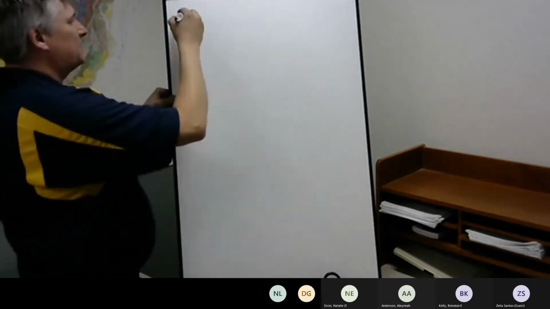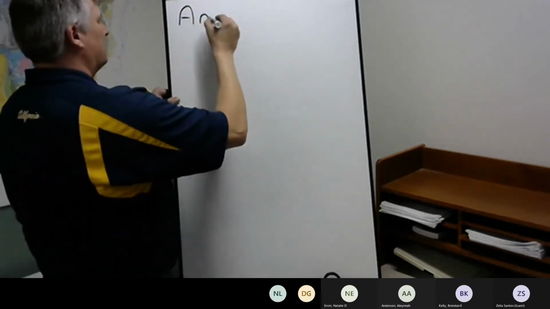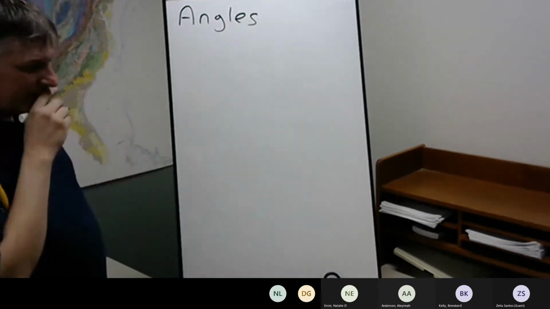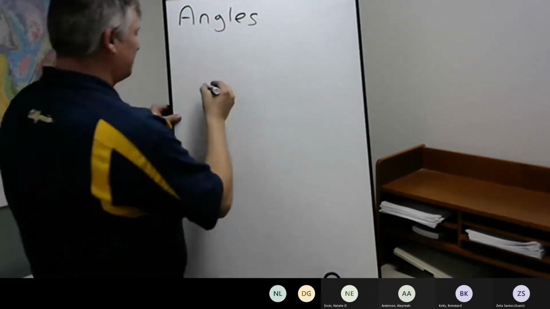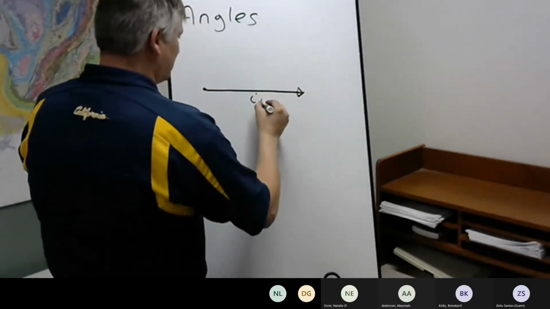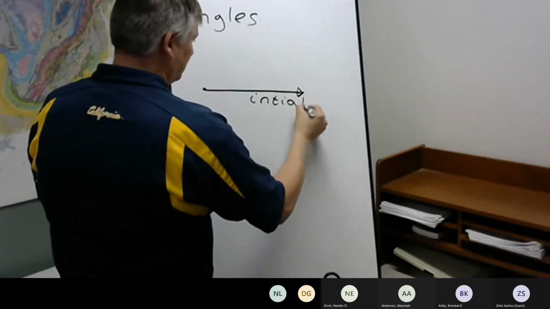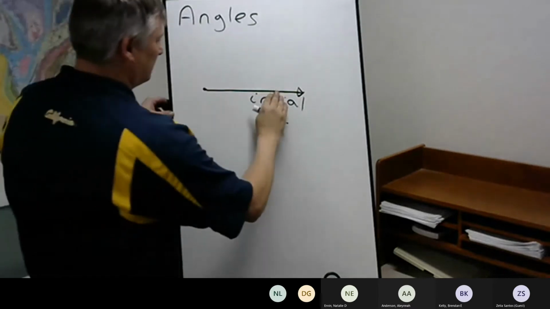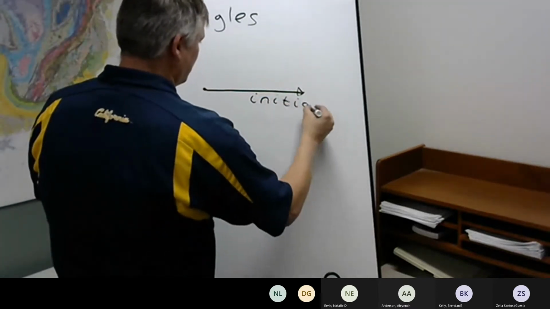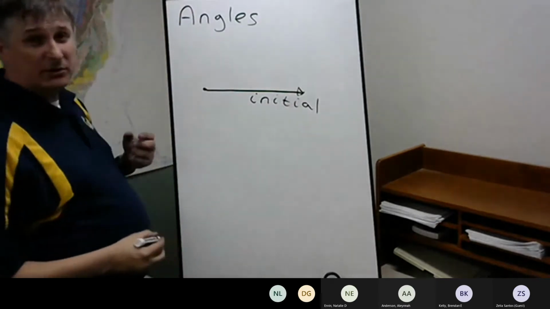So the first thing, angles. Now the way we usually construct angles, we have what's called an initial ray, and then we have what's called a terminal ray.